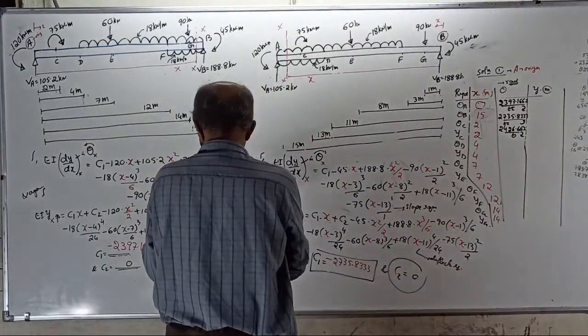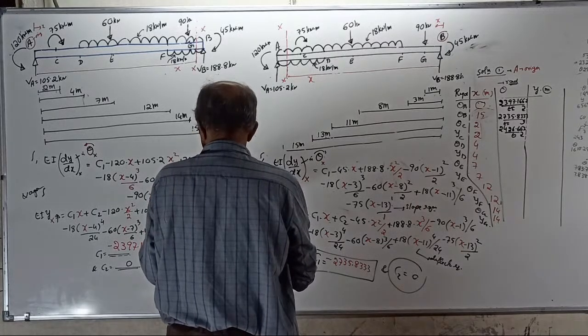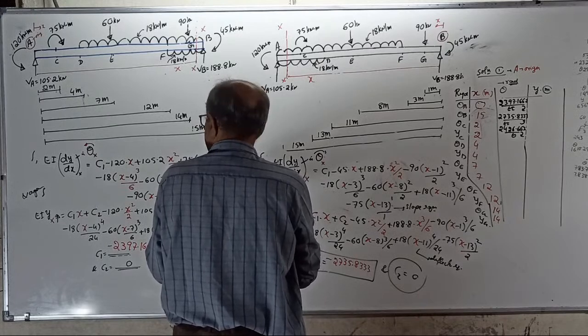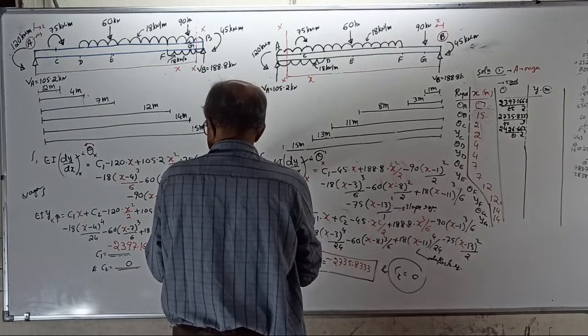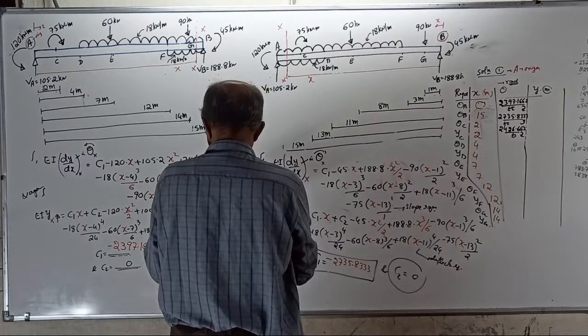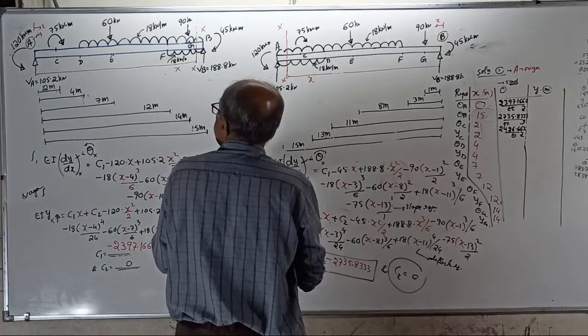I got a doubt. Shift store A, C1 minus 120 into 2 plus 105.2 into 2 square divided by 2. 2426, correct. And deflection at C will come.